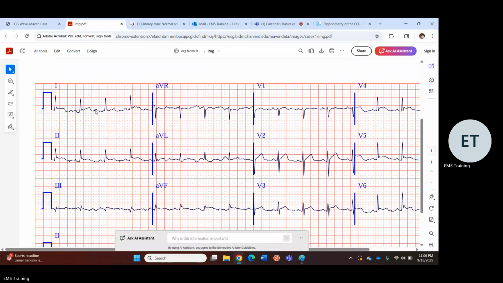Now this whole EKG looks weird and it's fast. AVR is negative like it should be. This looks kind of excessive compared to the size of this. I don't know. This looks like an intermittently paced, atrial paced rhythm. But it's interesting because even where I see these little pacer-looking things, they might not be pacer spikes. I don't know, they kind of look like it.